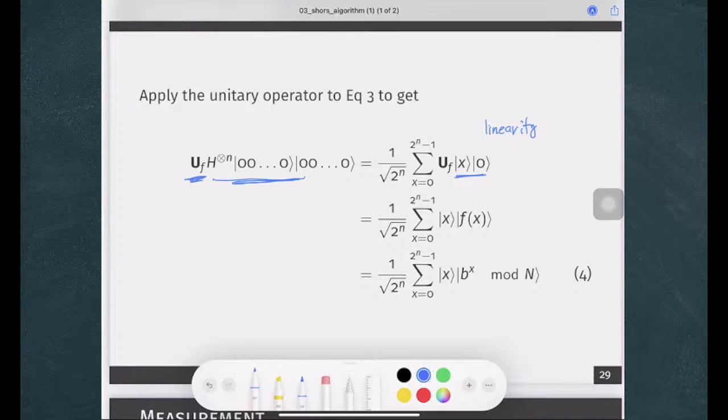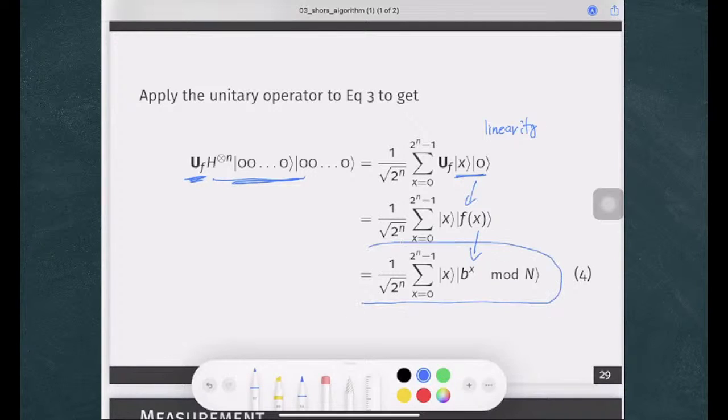But f of x is nothing but this modulo operation, modular exponentiation. Once you apply the unitary operation on a superposition, you get this.